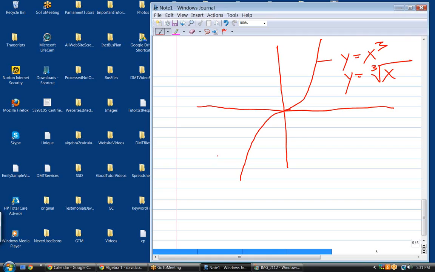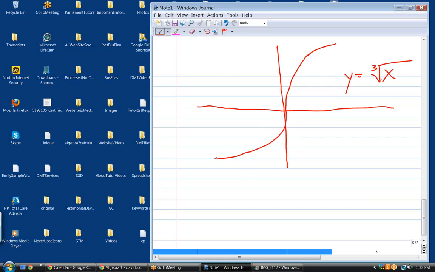So the cube root function looks something like that, instead of the first thing I drew. Okay? So this is the cube root function.